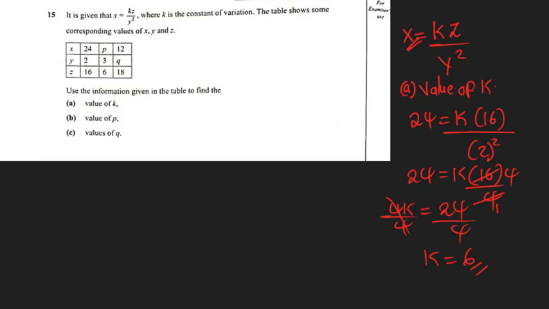Then they ask for the value of p. To find p, we use the second set. x is equal to kz over y to the power 2. x is what we are finding, because this is our p. k is 6, we already found it. z is 6 and y is 3.